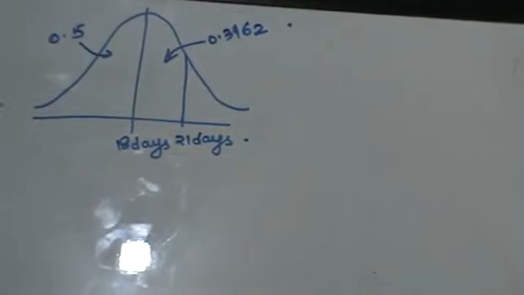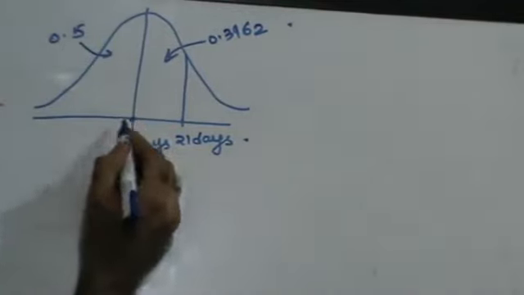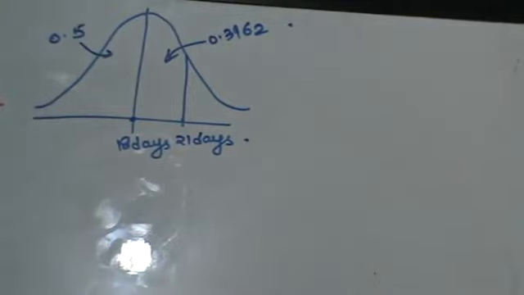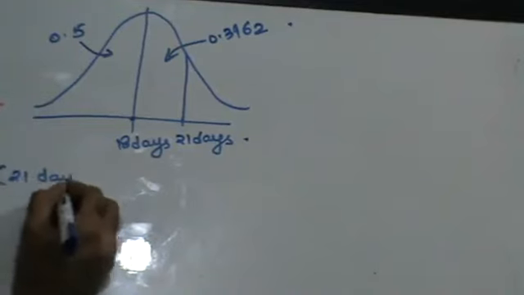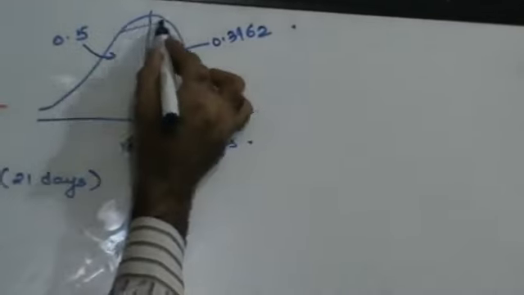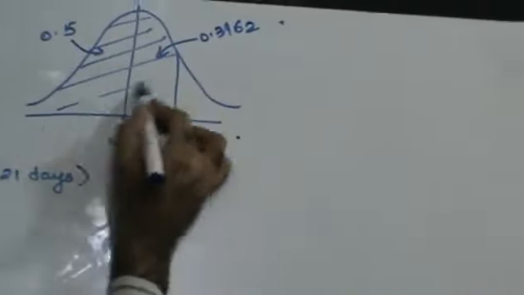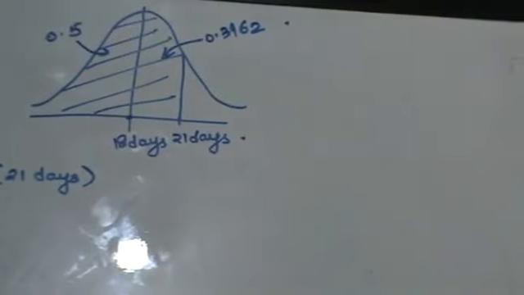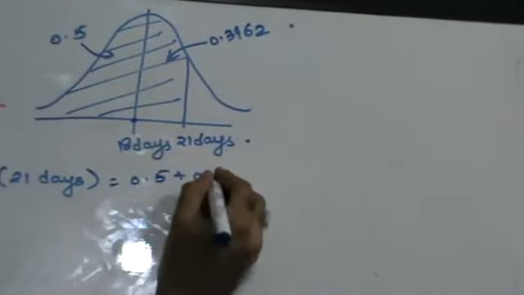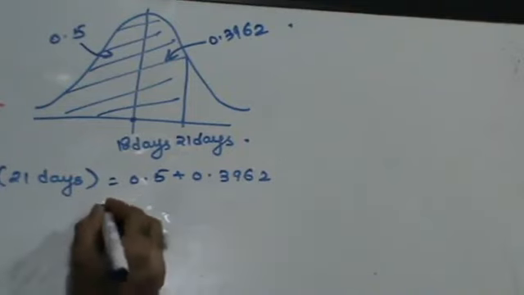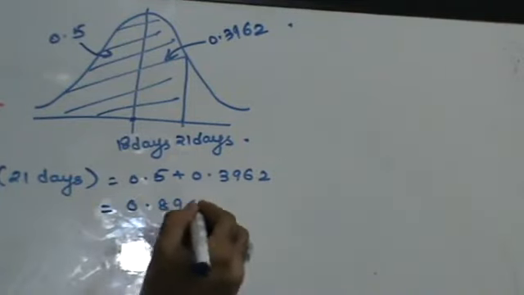The probability that the project will be completed in 18 days is 0.5. I want 21 days. So what is the probability of 21 days? The probability of 21 days will be this entire shaded portion, which is nothing but 0.5 plus 0.3962, which is 0.8962.